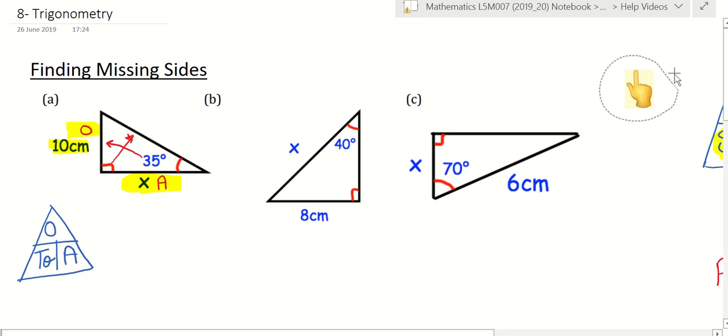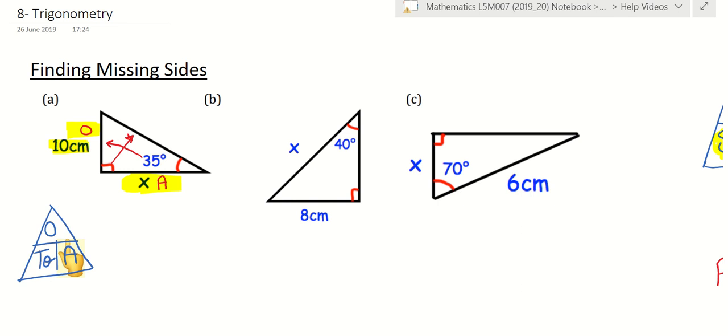So I'm going to get this one and I'm going to move it. And this hand is basically your finger. Your finger is going to cover the side that you want. You have to cover what you're trying to find. And you are trying to find A. So you're going to cover side A with your finger.